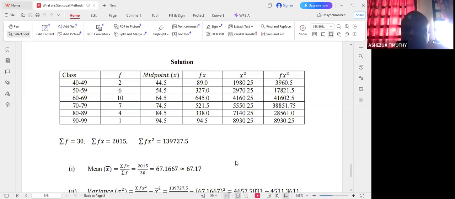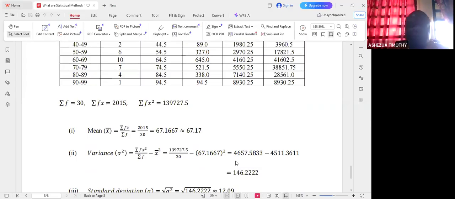And quickly, the mean is the sum of fx all over the sum of f, which is equal to 2015 all over 30.